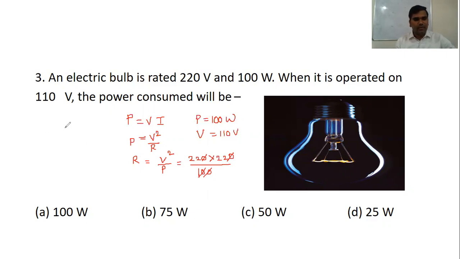Now this bulb we connected to 110 volt. So in the second case, the resistance of the bulb is the resistance already calculated here, and the power we have to find.